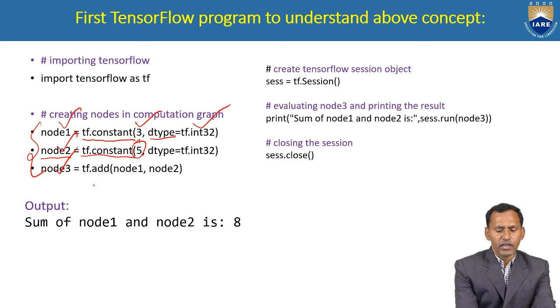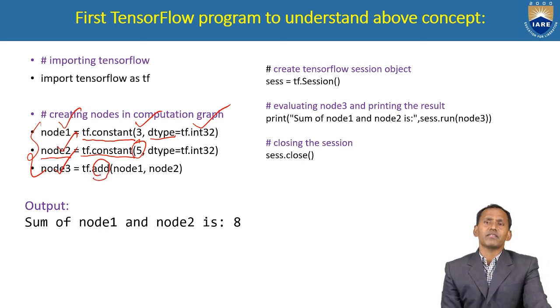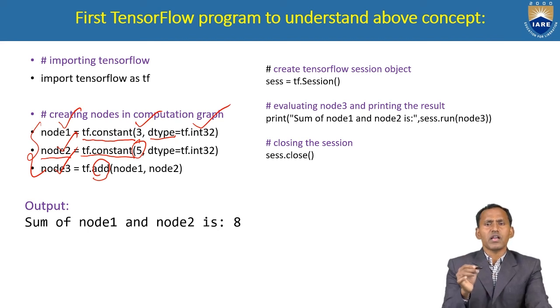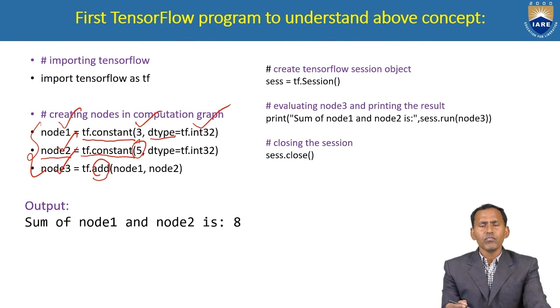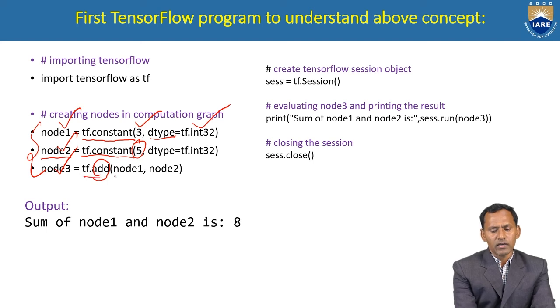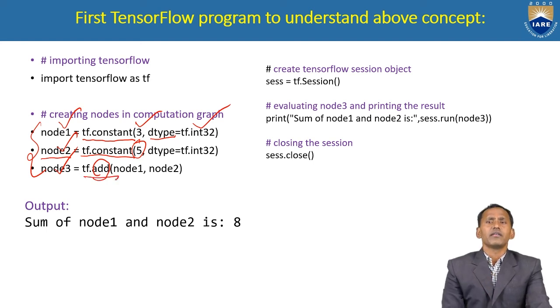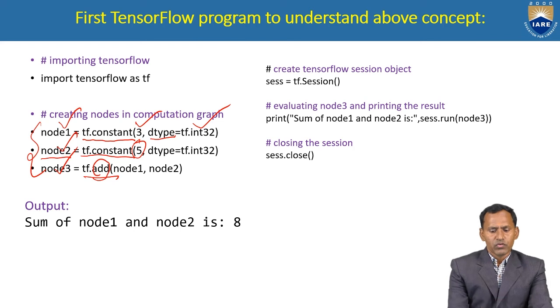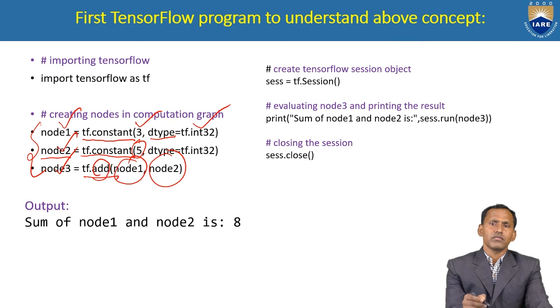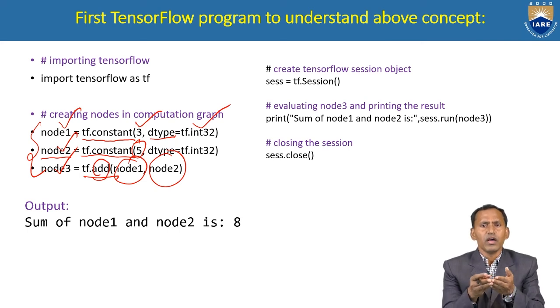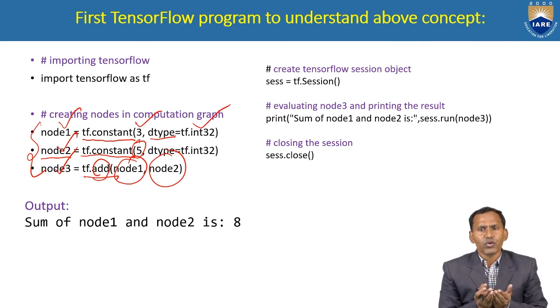Here, by using the add method, we can run the computational graph. As I told already, first of all we have to create a computational graph, then we have to run it. So tf.add means we give two tensors to the node, which receives the input, does some operation, and gives the output to the resultant tensor.